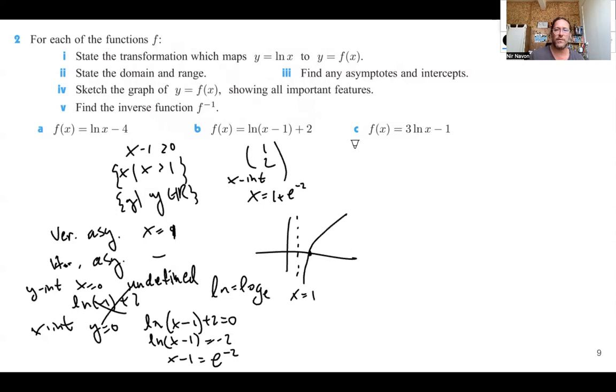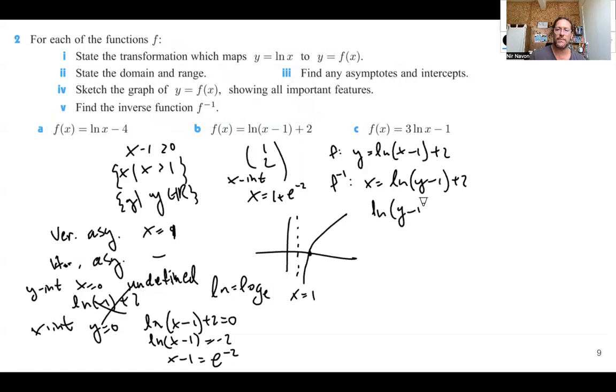So for the function y equals ln of x minus 1 plus 2, for the inverse, x equals ln of y minus 1 plus 2. And then we need to isolate the y. x minus 2 equals ln of y minus 1, so y equals e to the power of x minus 2, plus 1.